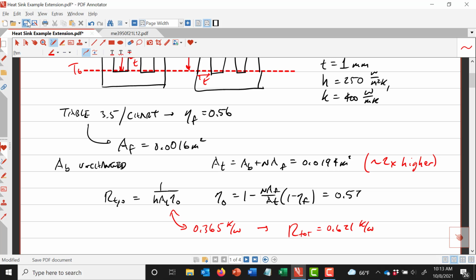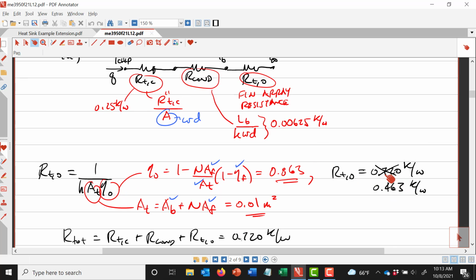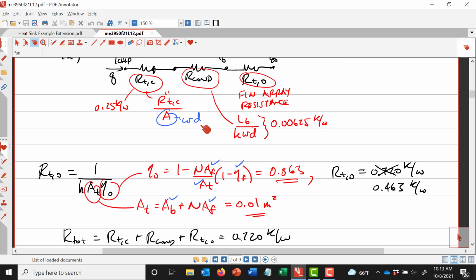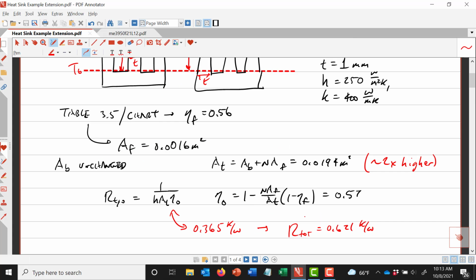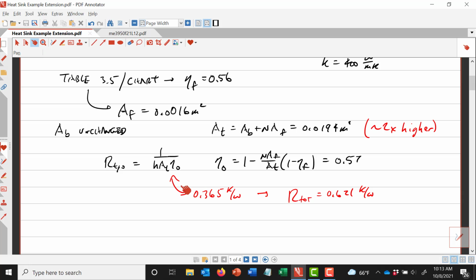So if you want to compare this value of R total to what we had in the earlier problem, our total in the previous one was 0.720, so it's gone down. It went from 0.720 down to 0.621. So it reduced, which means the heatsink is doing a better job of removing the heat.